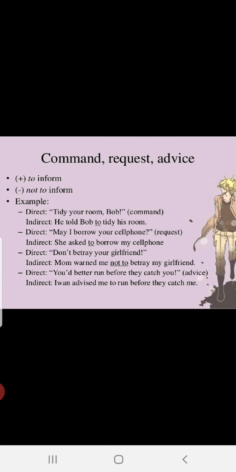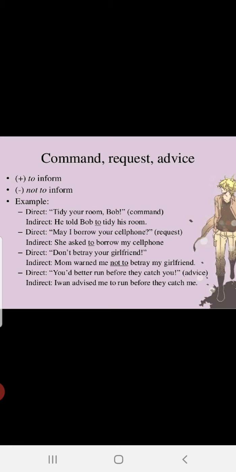Now, command, request, advice. See, to inform, not to inform. Correct, no? When we are commanding, requesting and advising, normally we go for the infinitive, to form. To plus V1 is called the infinitive in grammar. Example, direct speech and indirect speech. Please follow the rhythm of direct and indirect.